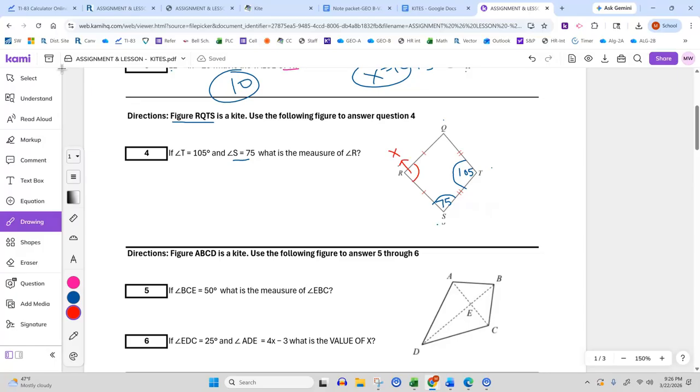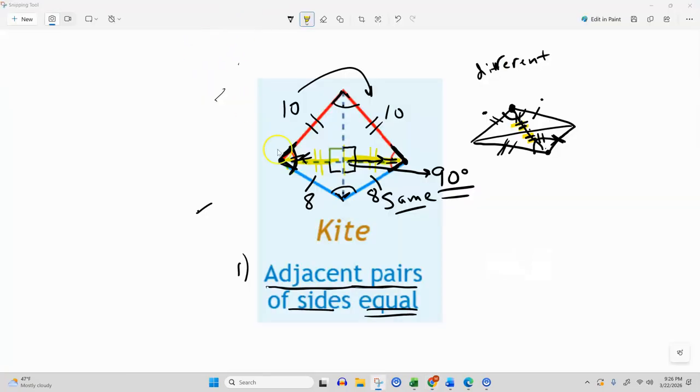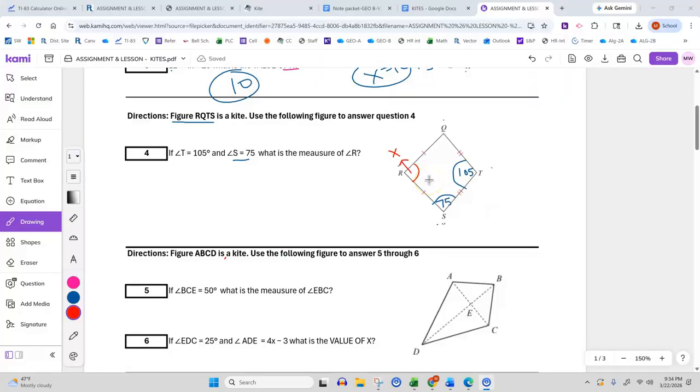Okay, well, what do we know about it? Well, a very important thing to remember is that the angles that are equal are the ones where the diagonal splits the different sides, right? So which sides would be equal here? We have two angles, and which angles would be equal? Remember, we're looking for what splits the opposite sides.